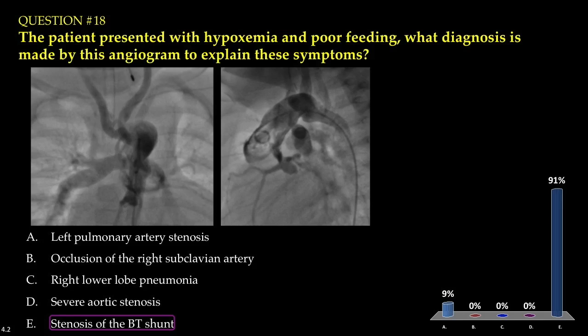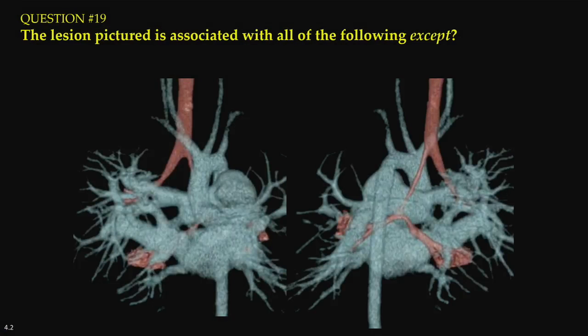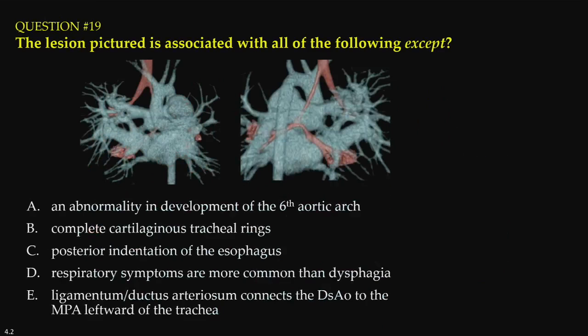Okay, so this isn't an angiogram, but I thought it was a good image to show and ask a question about. The lesion pictured is associated with all of the following except. So first of all, take a look at this lesion. It's a CT, and you can see the airway in pink or salmon, and you can see the heart structures and circulatory system in the white or gray. The airway is this pink structure.